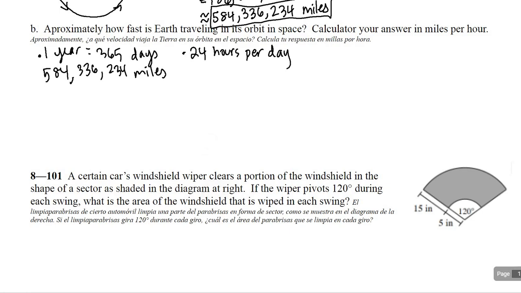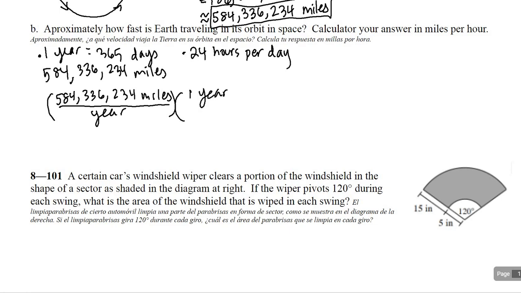Okay, so first of all, we have 584,336,234 miles per year. Multiply that by every year is 365 days.